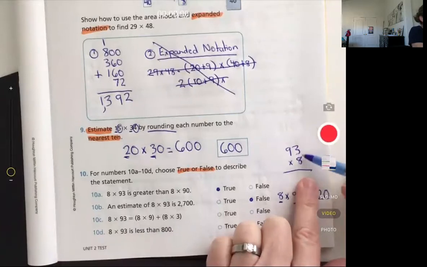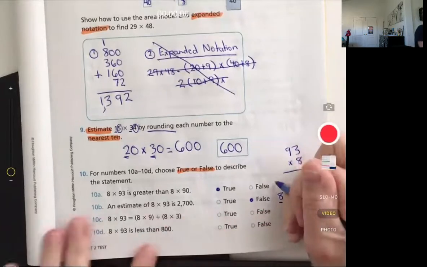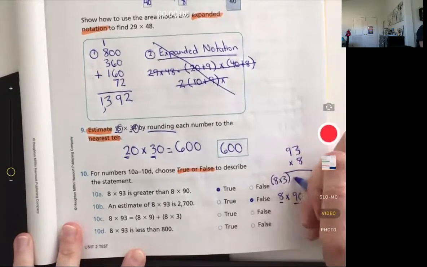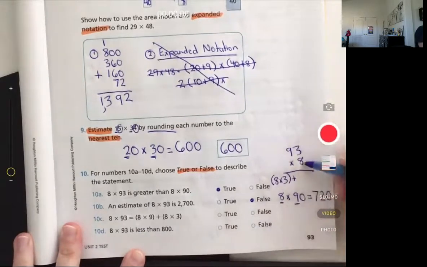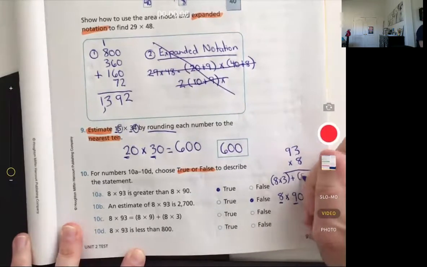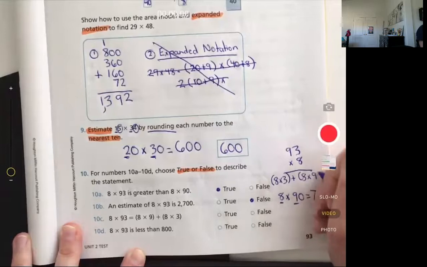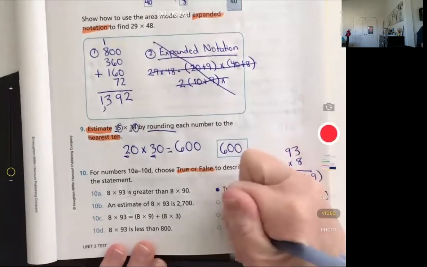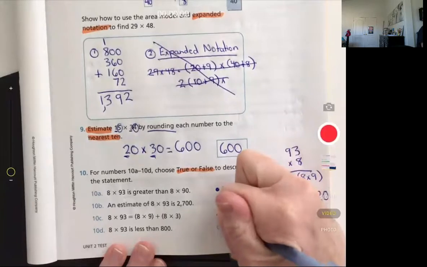You start in the ones, so this would be 8 times 3 plus, then the 8 does this one too. The 8 goes to the 9. 8 times 9, that's the expanded form. Then you would solve those and put them together. Okay, so we can say yes, true, true, true.